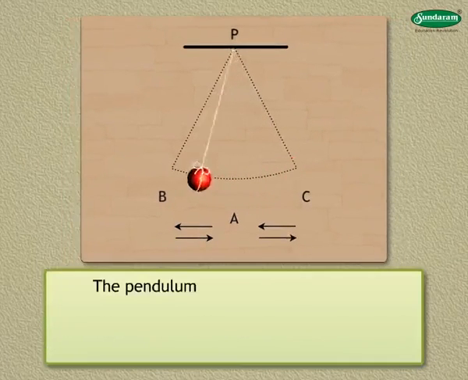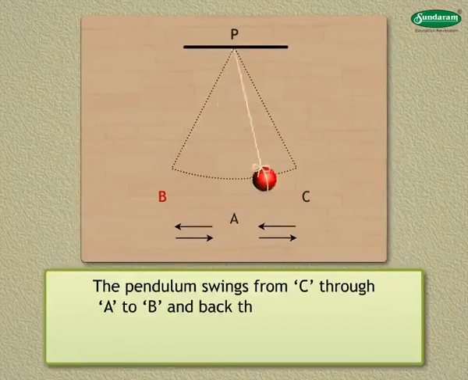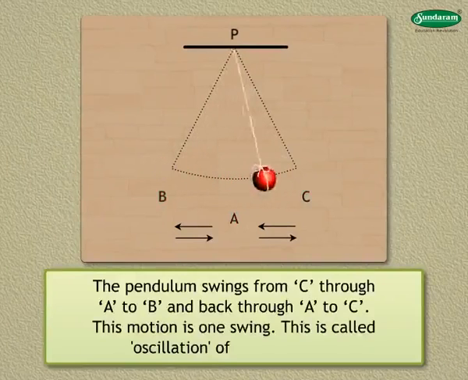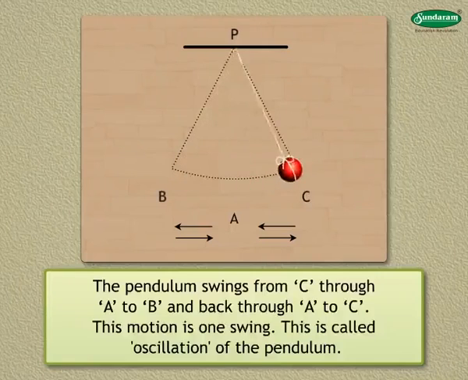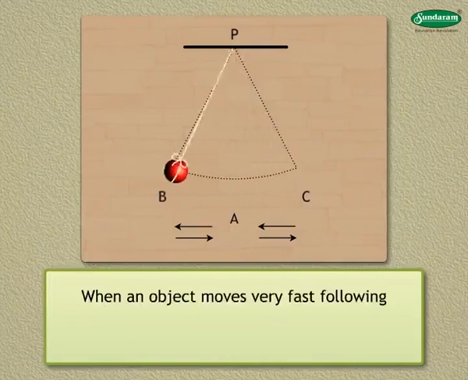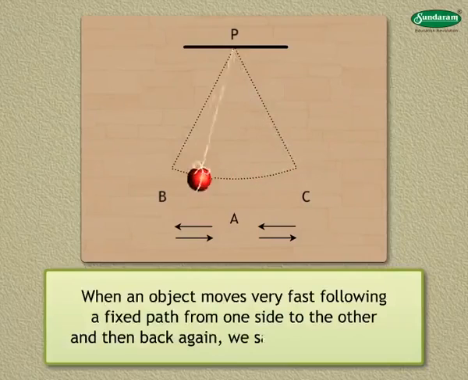The pendulum swings from C through A to B and back through A to C. This motion is one swing. This is called oscillation of the pendulum. When an object moves very fast, following a fixed path from one side to the other and then back again, we say that it vibrates.